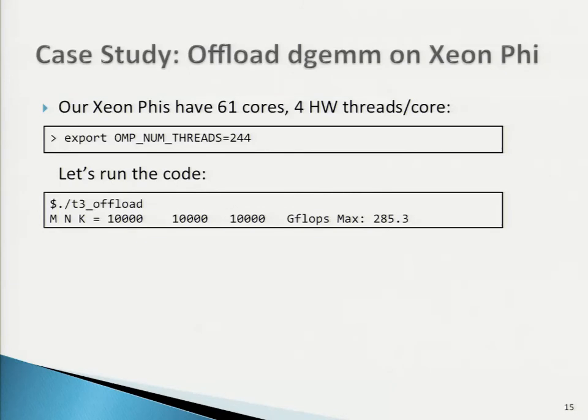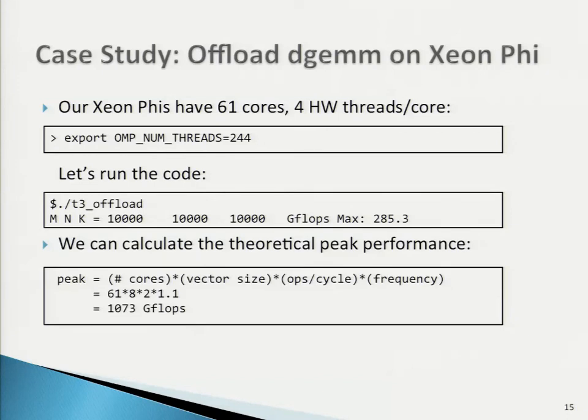When you consider that a single Sandy Bridge socket has a peak of about 160 to 170 gigaflops, we're beating a single Sandy Bridge socket. But the single Sandy Bridge socket, when it's getting 160 gigaflops, is getting about 90% of its theoretical capability.